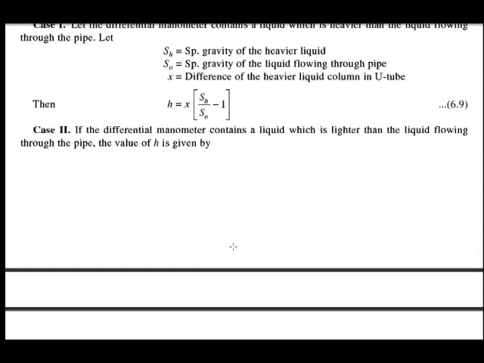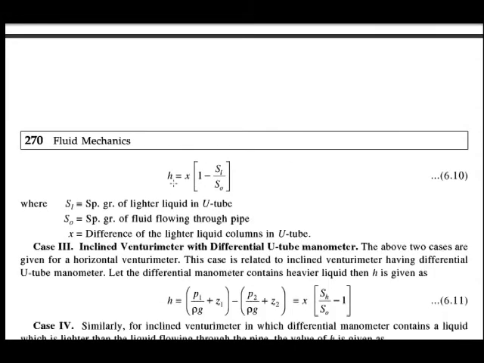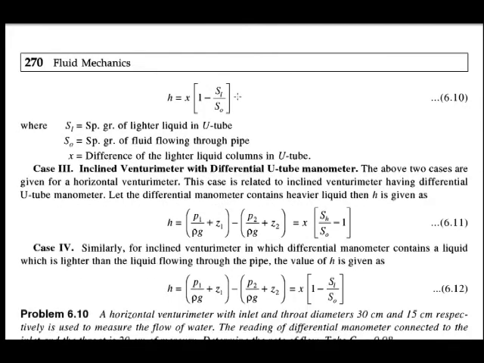Then h is given by the formula h is equal to x in bracket 1 minus Sl upon So, where Sl is the specific gravity of the lighter liquid in the U-tube, and So is the specific gravity of the fluid flowing through the pipe.